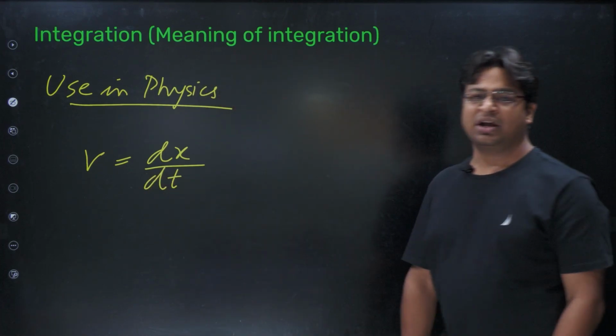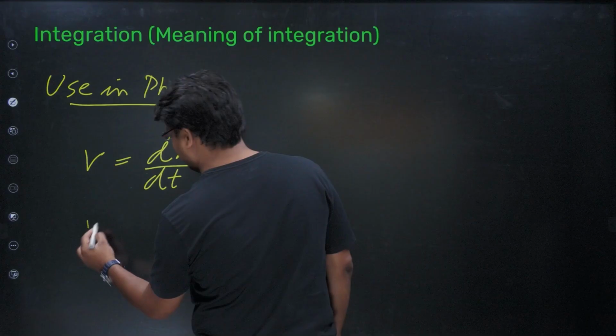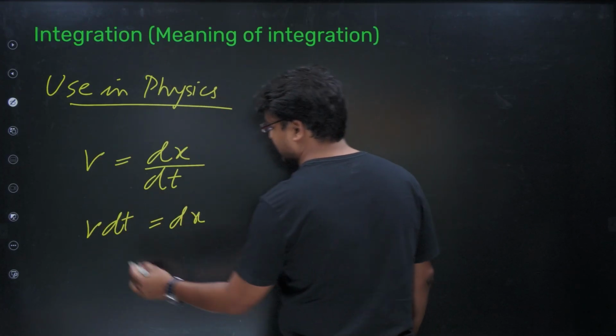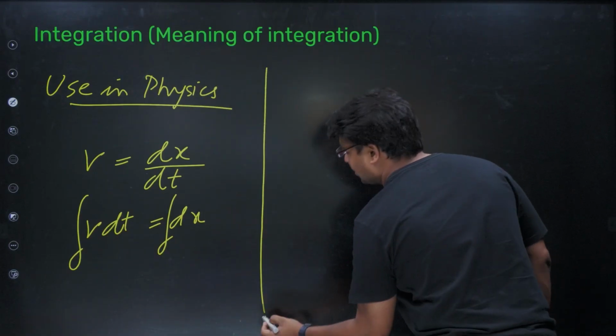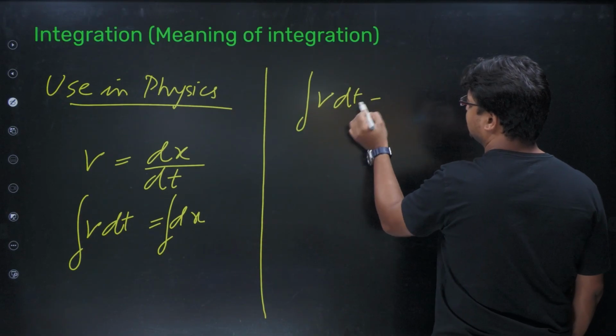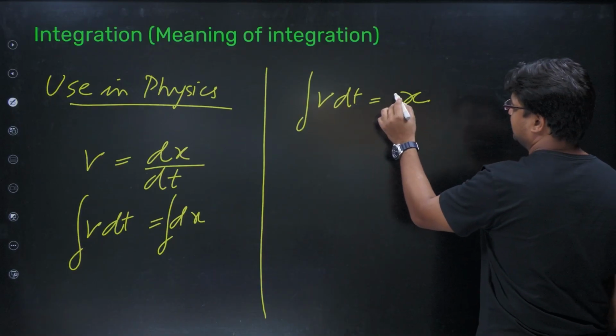So velocity is the instantaneous derivative of x. So v dt, taking dt to the other side, is equal to dx. So the integration of v dt is the same as x, or you can say the change in x.